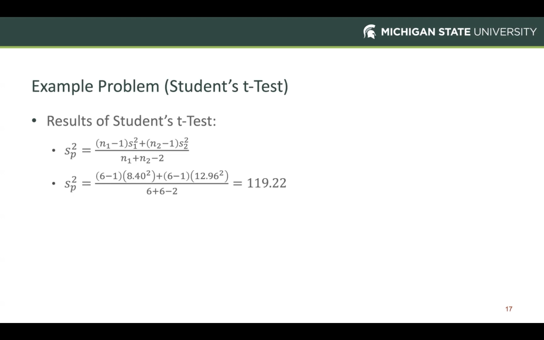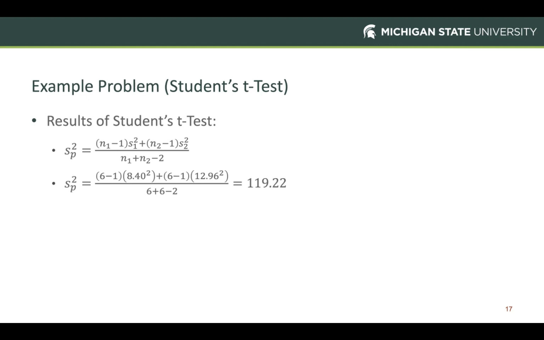Now, one real quick point of note here, keep in mind we're using this to calculate a weighted average of the sample variances, not the sample standard deviations. So I need to be sure to reinforce that SP is not a weighted average of S1 and S2. So we would calculate the pooled variance, and then we would take the square root of this quantity in order to determine the pooled standard deviation.